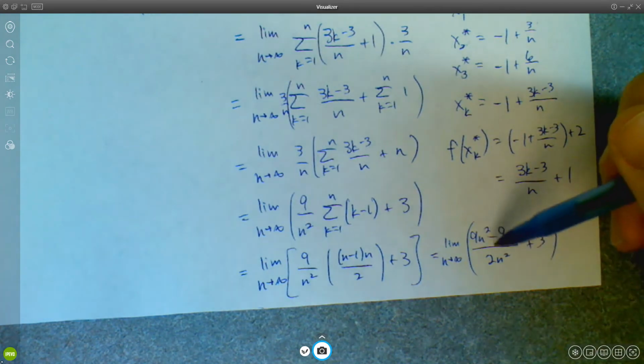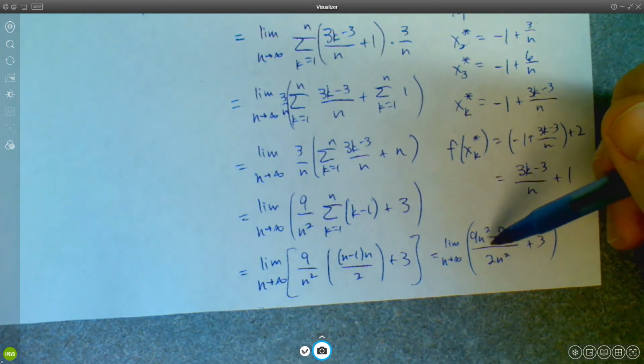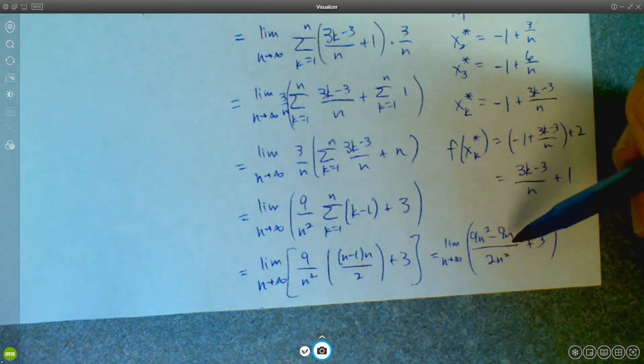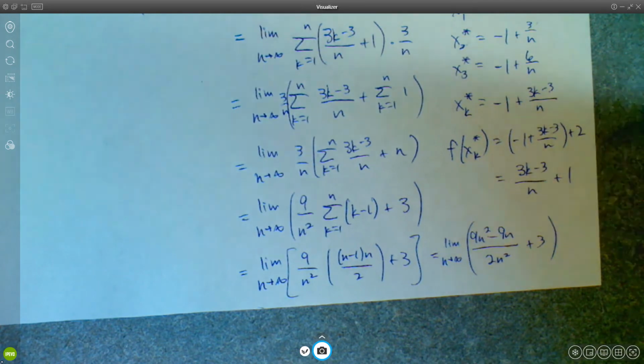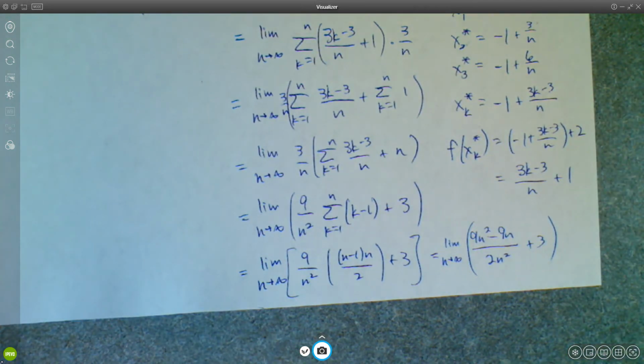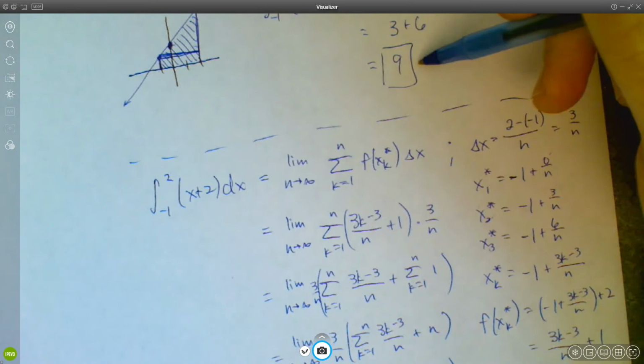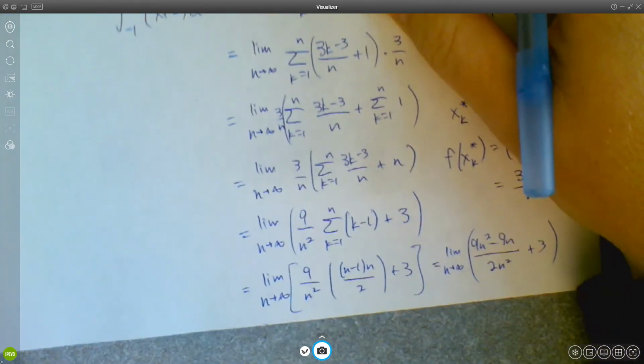So the limit as n goes to infinity is going to be 9 halves plus 3, though. That's not 9. We should be getting 9. Where did I go wrong here?